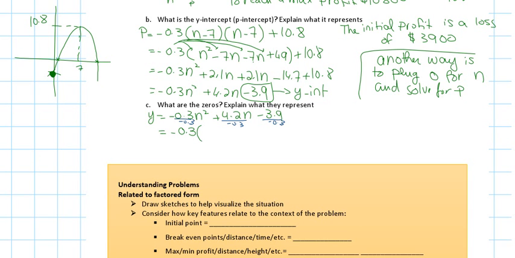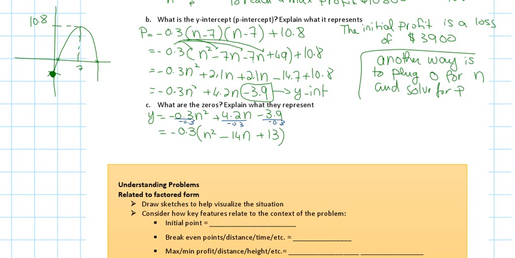So that's going to be n squared. 4.2 over negative 0.3, that's a negative 14n. Negative and negative makes positive. 3.9 over 0.3, that gives me 13. You see how beautiful this looks right now? Inside the bracket, they're all whole numbers.